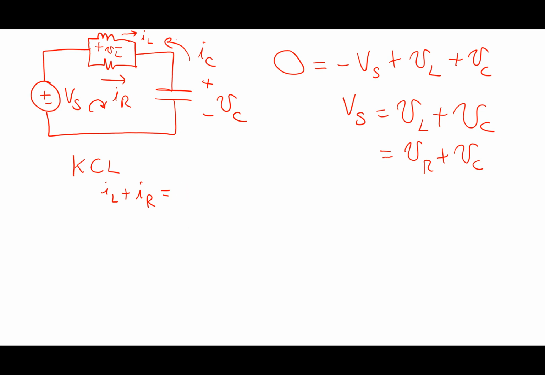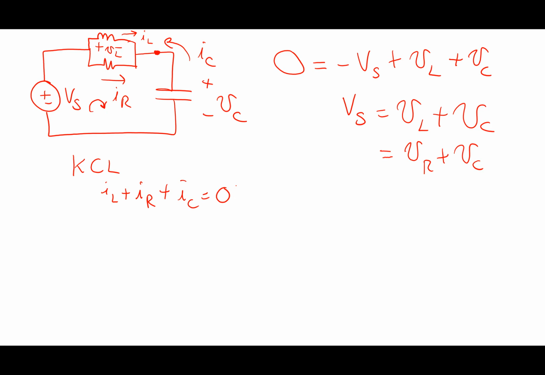So let's be super careful about this. In terms of what's a node here, I'll just make a dot there for the node. All of those currents are entering that node as I've written it. So IC is entering it, IL is entering, IR is entering, right?